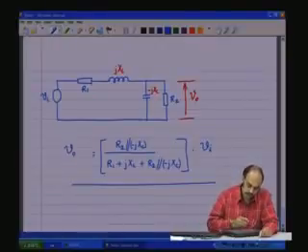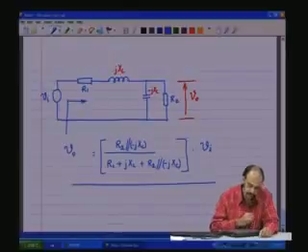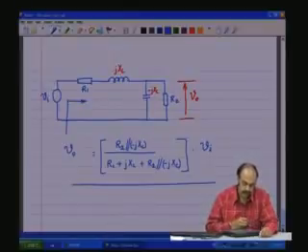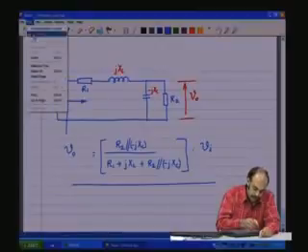One could also use this to find what is the impedance as seen from here. It's also an interesting thing to view or study.